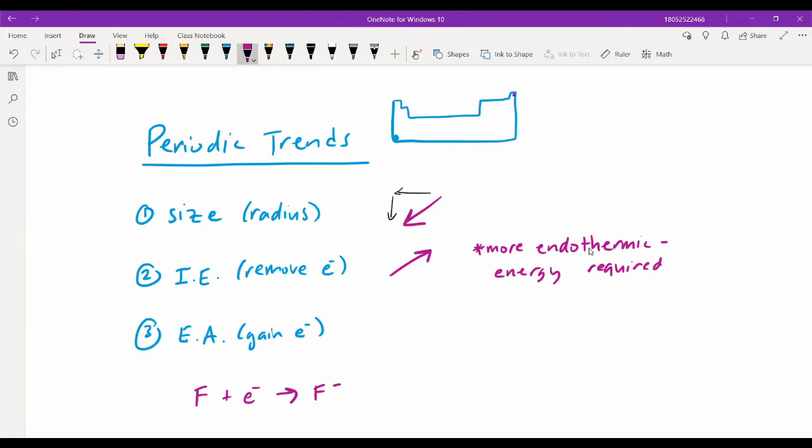So fluorine doesn't really exist like this in nature. This is just a theoretical process that we can use to calculate or assume what might happen if we had a single fluorine atom. But that would be the electron affinity, right? The energy, if we measure that for just a single fluorine gaining an electron, that would be good to be able to associate with this concept.